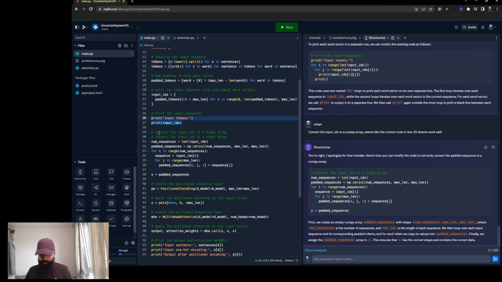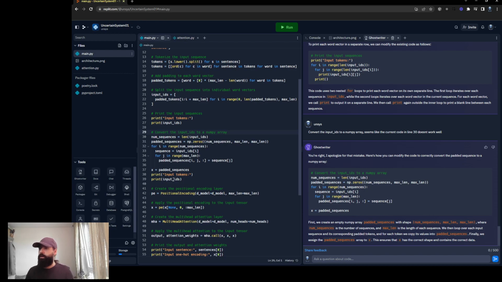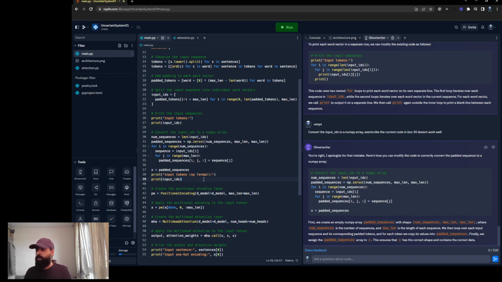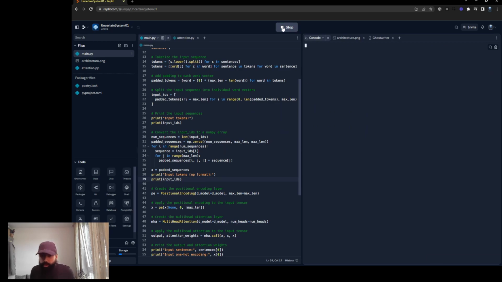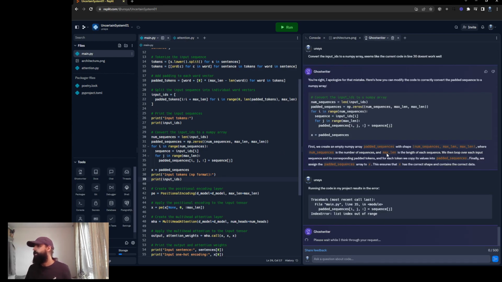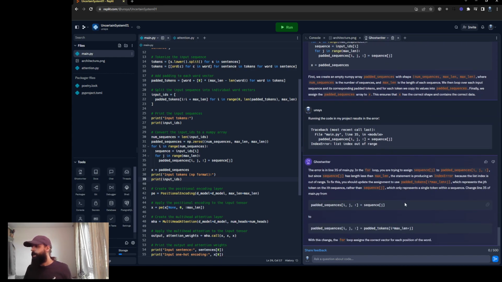So now we should basically print in NP format. Okay. Let's see. Look good. Nope. List index out of range. Yep. Okay, now it actually nailed it. It's line 35, and it should just be these.